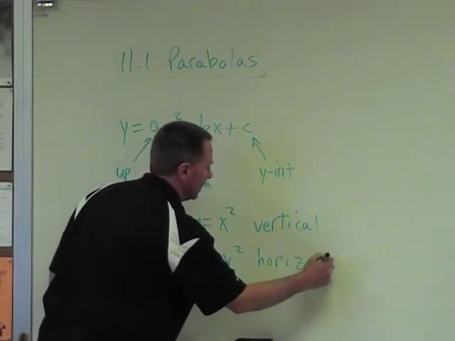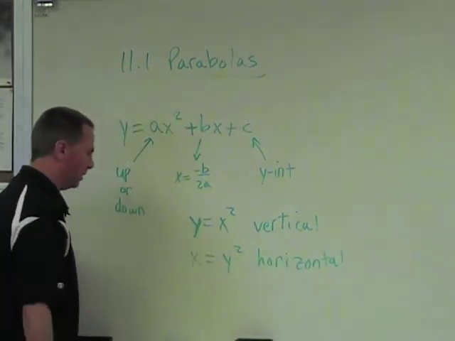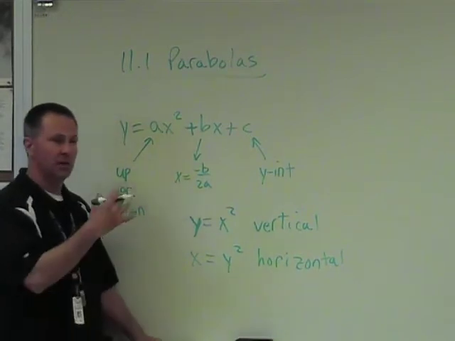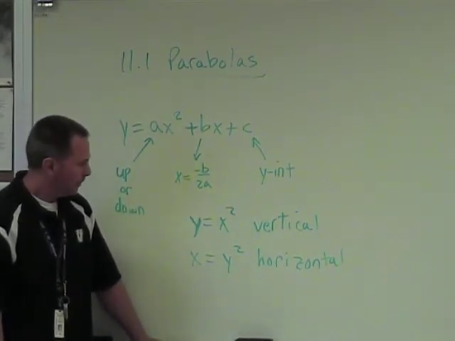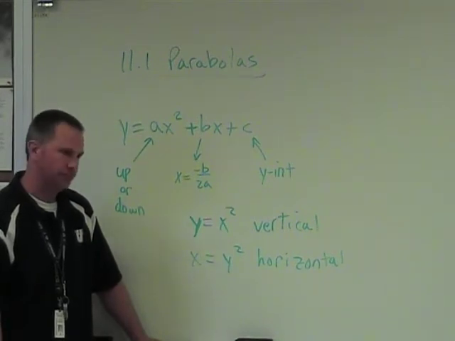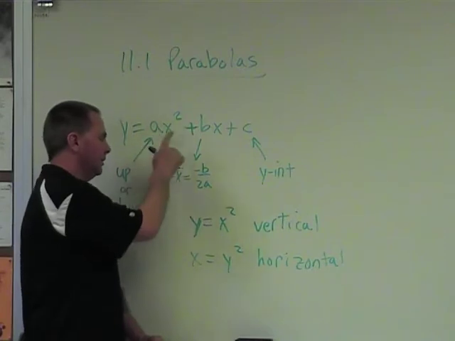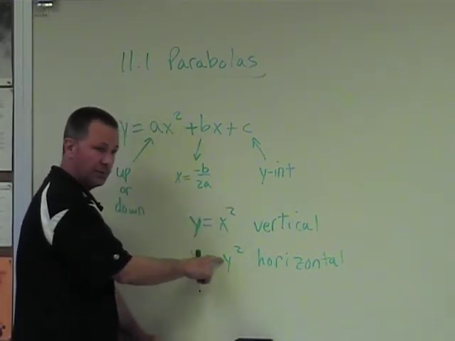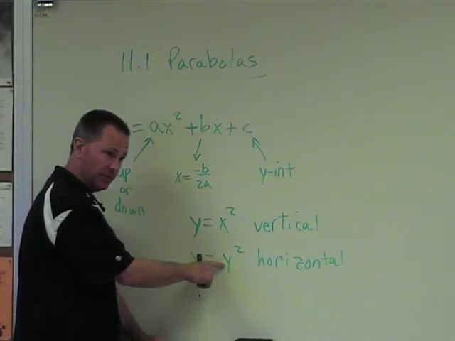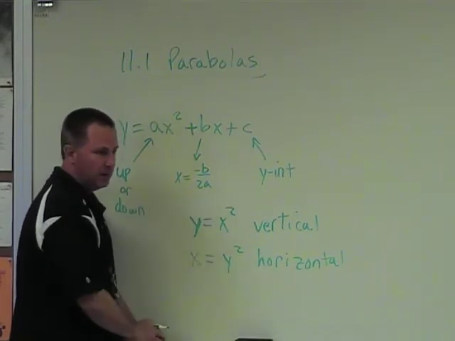You haven't really dealt a lot with that, but all the things apply, except it's on its side. A still, for the vertical, if it's positive, opens up. If it's positive here, it opens to the right. If it's negative, it opens to the left.